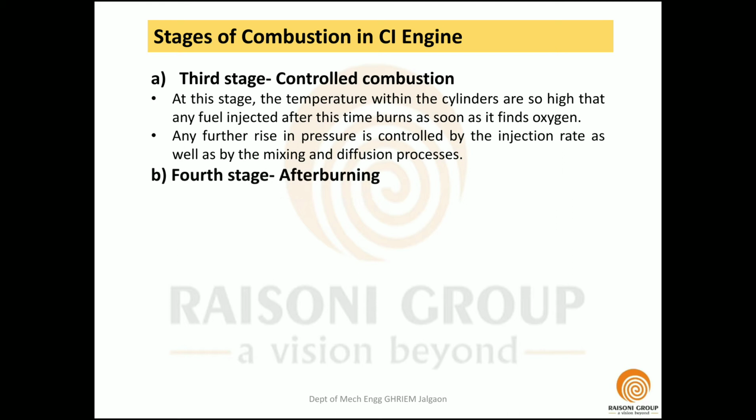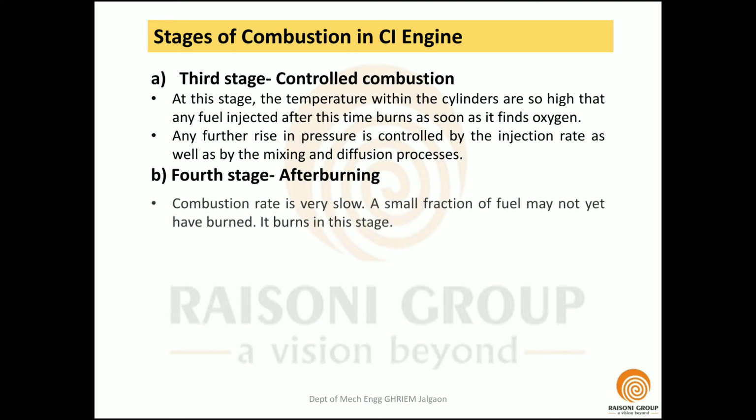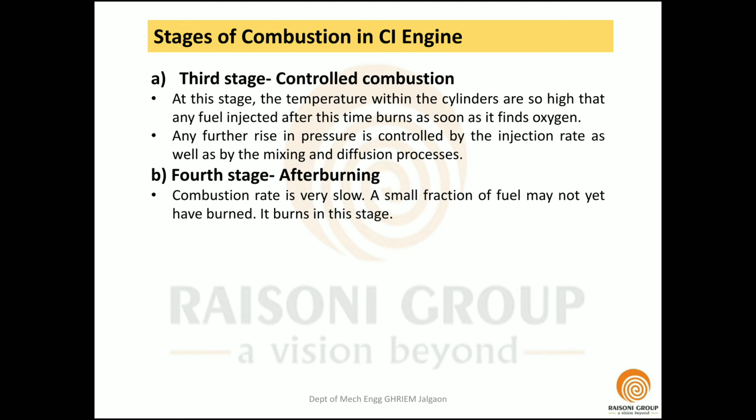The fourth stage is the afterburning phase, represented by point D to E on the P theta diagram. A very low rate of combustion, sometimes referred to as the tail of the combustion, occurs well down the expansion stroke of the engine. There are several reasons for this.